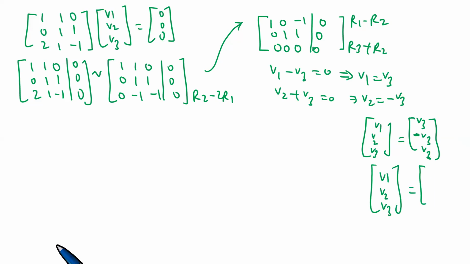Right, so okay, V3. So it's 1, minus 1, 1.